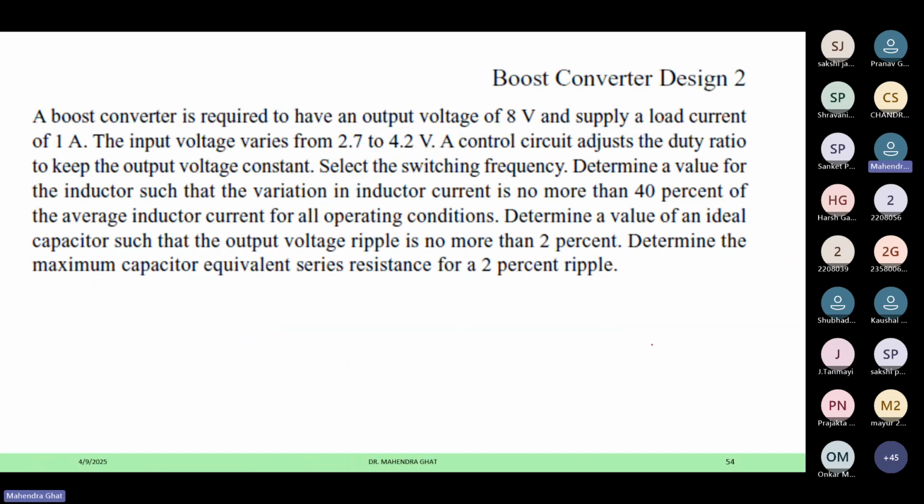Okay. Then, I will put this into the chat so that you can have this as homework. Before going out, I don't know if I have access to the chat, so I will send it to the sir so that he can forward it to you as tomorrow's homework, the boost converter design.